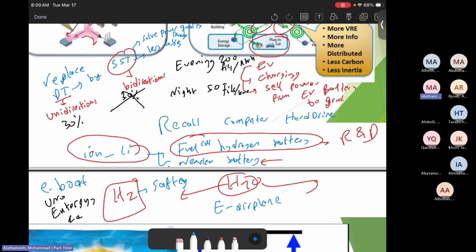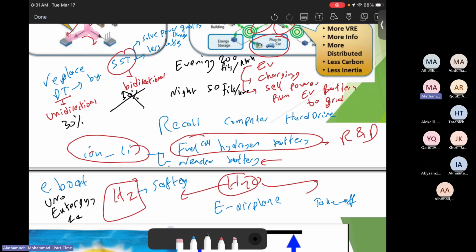As I said, in the airplane we can use the hydrogen battery, but the drawback is during landing and takeoff. I would say during takeoff more than landing, because during takeoff the airplane is consuming too much fuel, which a battery is not sufficient to supply.